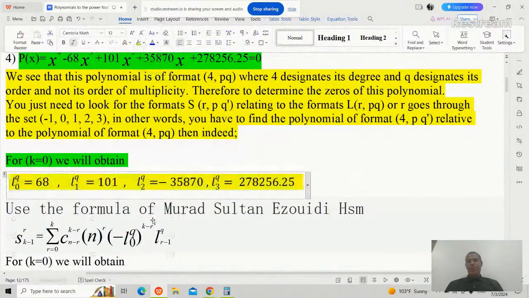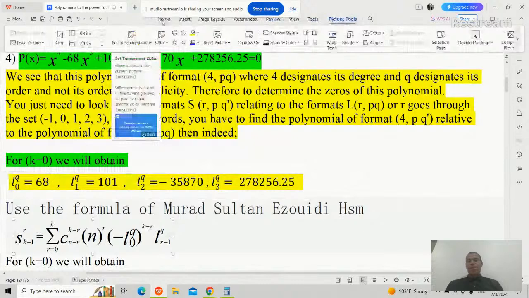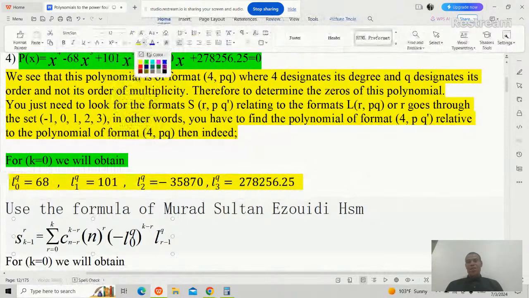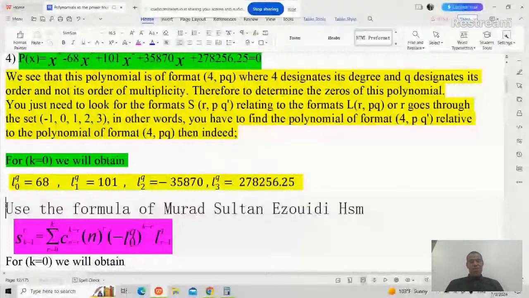This is the discriminant formula of your mathematics teacher, Mourad Sultan Ezouidi, and this formula has been generalized for any polynomial to the power n, just putting k equal 0, 1, up to n minus 1. So this is my own discriminant formula.